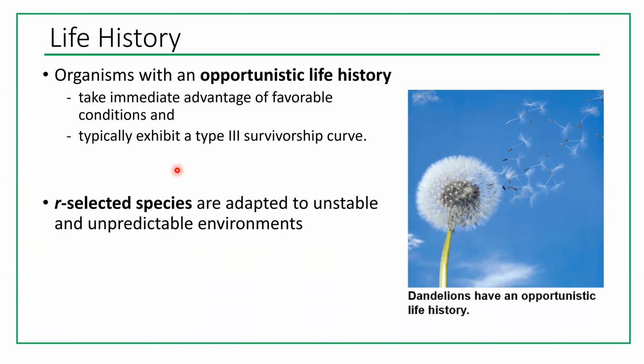Organisms can be divided into two groups based on their life history. Organisms with opportunistic life history, those that take immediate advantage of favorable conditions, typically exhibit a type 3 survivorship curve. And we call these species with opportunistic life history R-selected species.